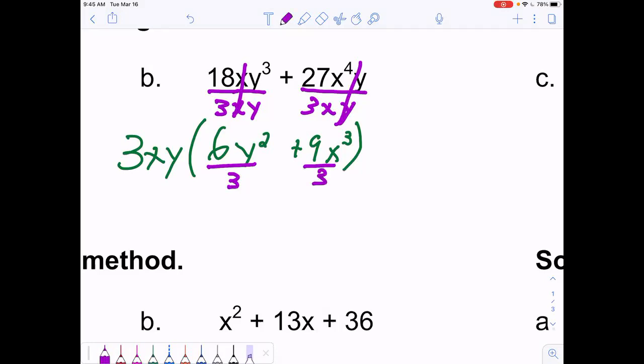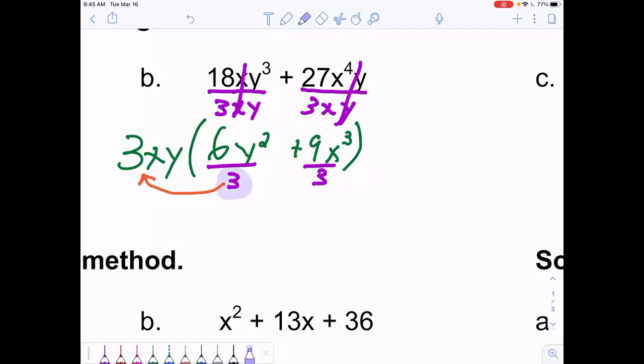Again, when you do this step, what do we do with that 3 on the bottom? We divide by. Jason? If we had to take the GCF a second time, what do we do with that 3 there?